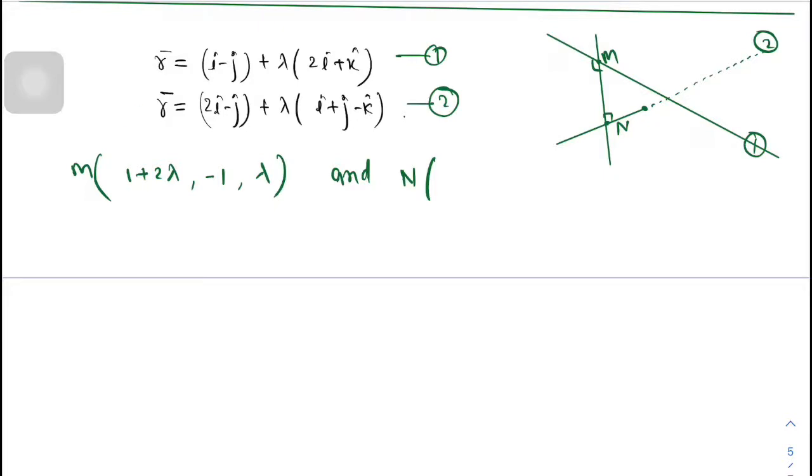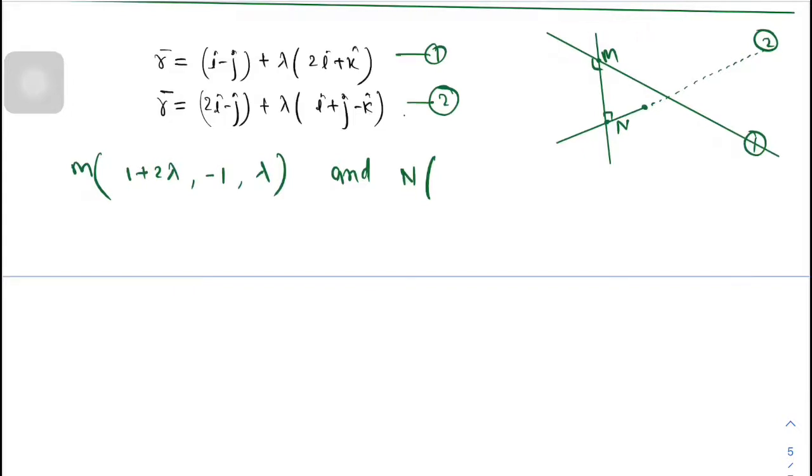Any general point on line 2 will be 2 plus lambda along i cap, minus 1 plus lambda along j cap, and minus lambda along k cap.